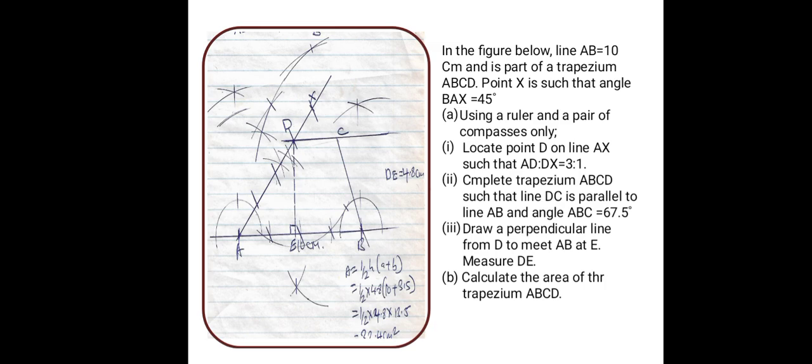Complete trapezium ABCD such that line DC is parallel to line AB and angle ABC is equal to 67.5 degrees. Draw a perpendicular line from D to meet AB at E. Measure DE. B. Calculate the area of the trapezium ABCD.